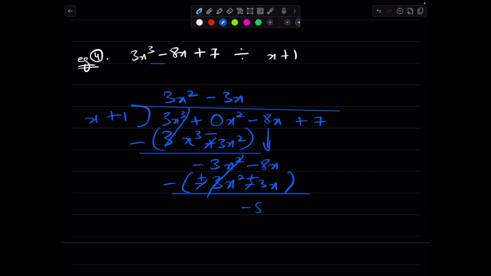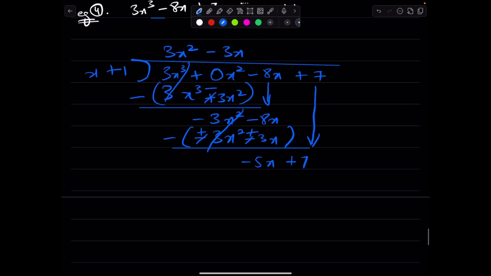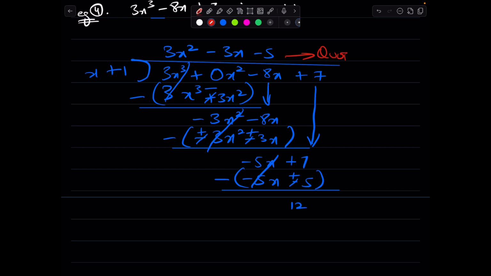Thus we have minus 5x. We'll bring plus 7 down and we multiply by minus 5. So we have a minus 5x minus 5 here. We subtract the whole thing, minus sign changes, minus 5x's cancel out and we have a 12 in the remainder. This is the quotient and this is again the remainder.